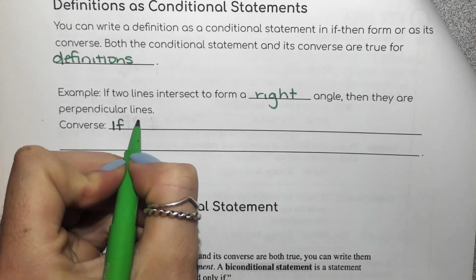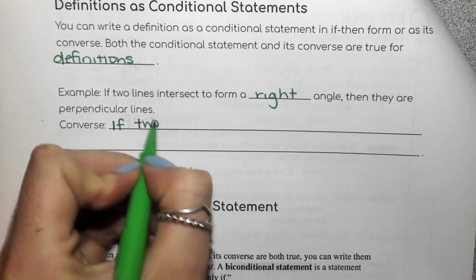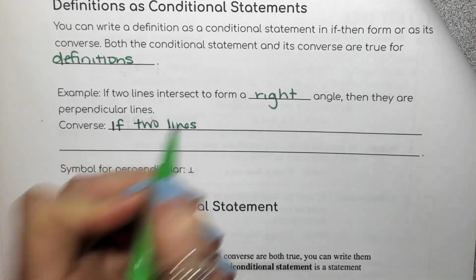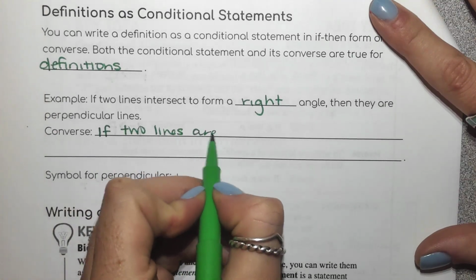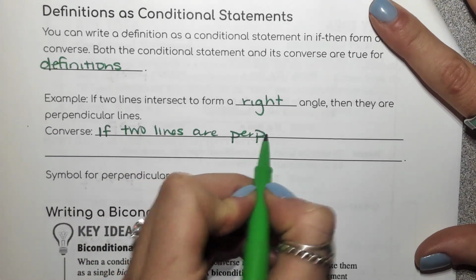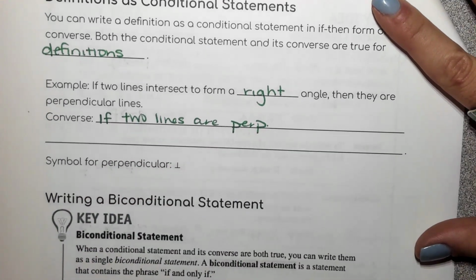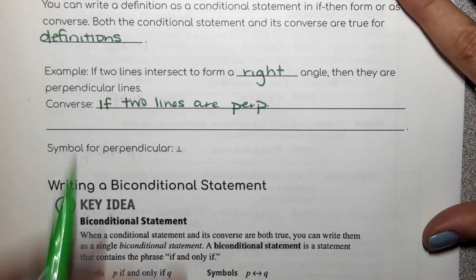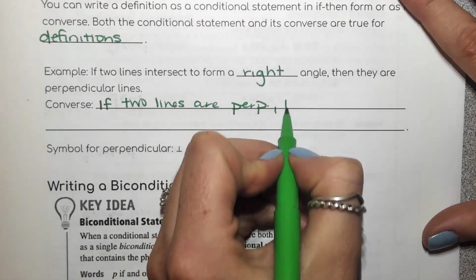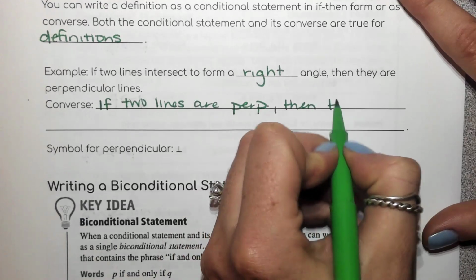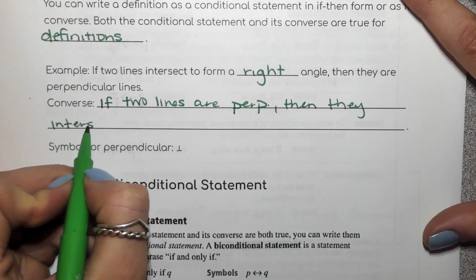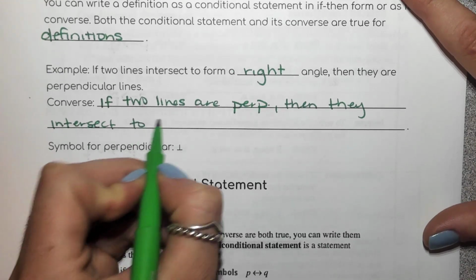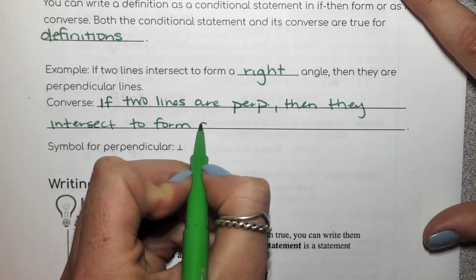If two lines are perpendicular, I just write perp for perpendicular because I refuse to write that word out. If two lines are perpendicular, then they intersect to form a right angle.